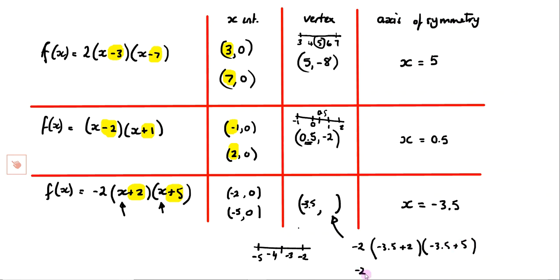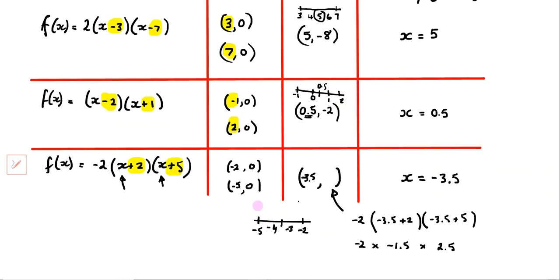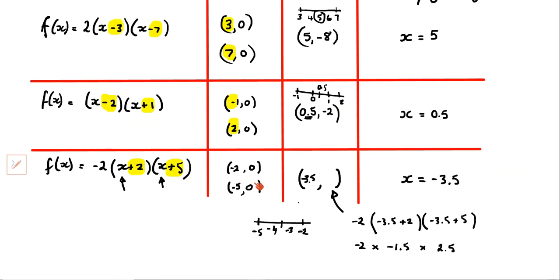And that would be negative 2 multiplied by negative 1.5 multiplied by positive 2.5. And what do I get? So that would be 2 times 1.5 is 3. 3 times 2.5 is going to be 7.5. So it would be 7.5 would be that coordinate.